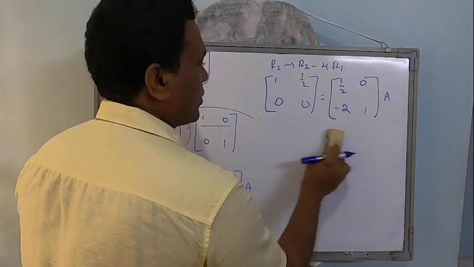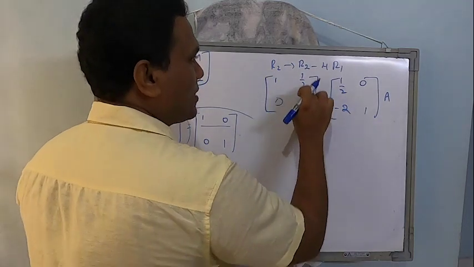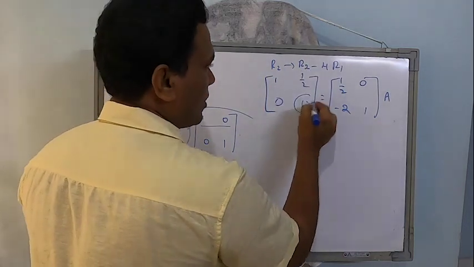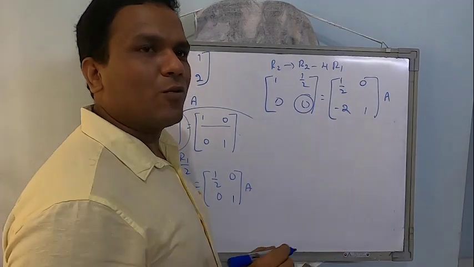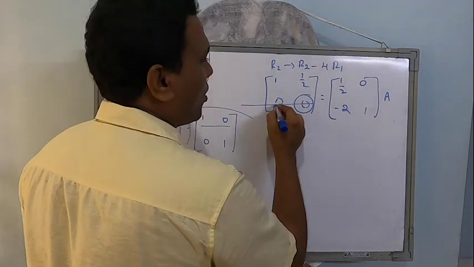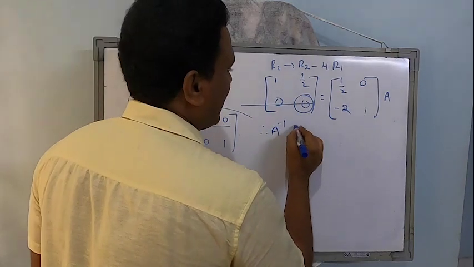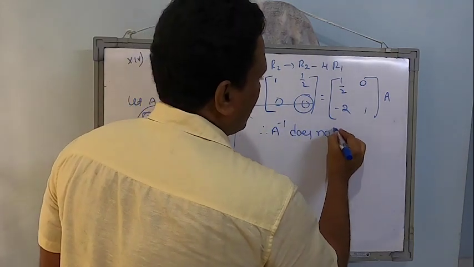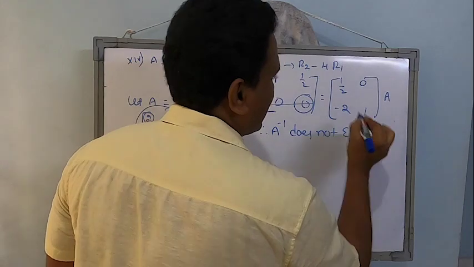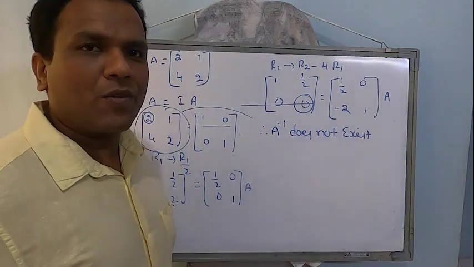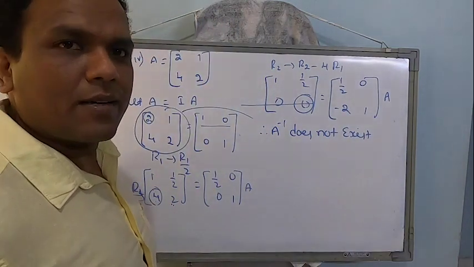So how to conclude it? I wanted 1 0 1 0, correct now? But look at here. This element is already 0. That means in one row all the elements are 0. Then therefore A inverse does not exist. That is the reason why I selected this one. So you cannot find out inverse of every matrix, right?